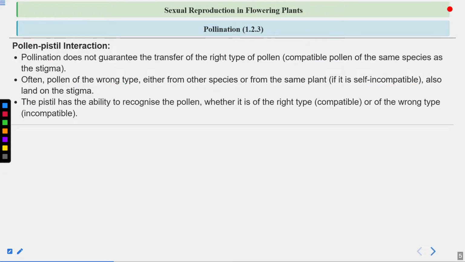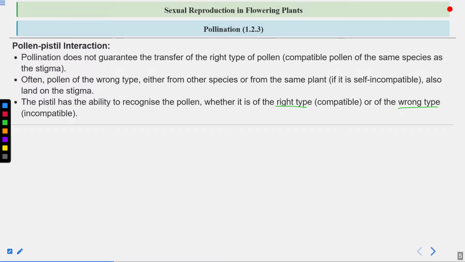So the pistil has the ability to recognize the pollen. Very, very important point. The pistil has the ability to recognize whether the pollen is of the right type, meaning compatible, or of the wrong type, that is incompatible. Now here you can understand what is meant by the right type and the wrong type.